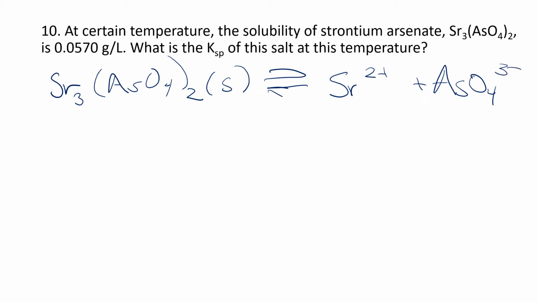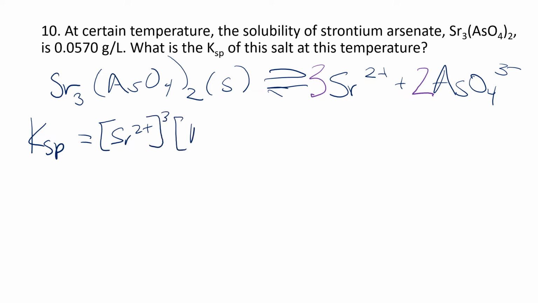I have to make sure the charges are balanced, so I need to multiply the AsO4 by 2 and the Sr2+ by 3. If I write out the Ksp expression, Ksp is equal to [Sr2+] cubed times [AsO4 3-] squared. All right, so what numbers do I put here and here?